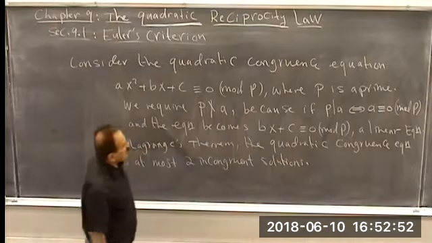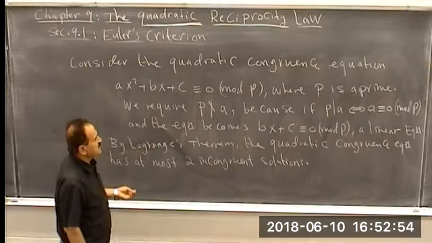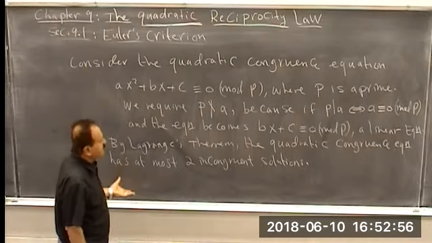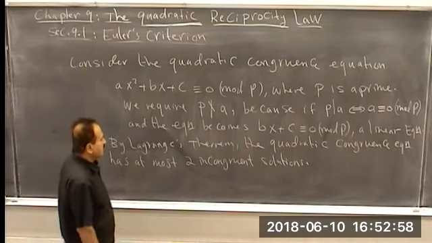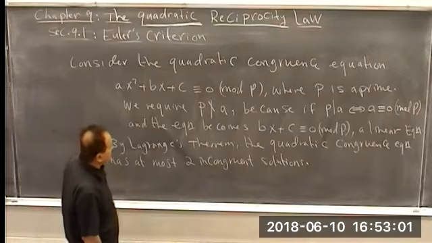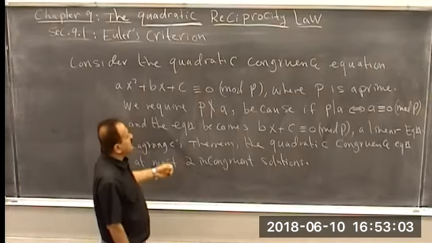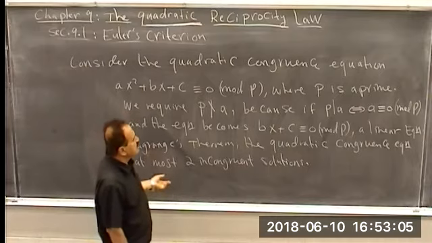First, we're going to look at the case where p is the even prime 2, and we're going to see that actually we could have one solution, no solutions, or two solutions.